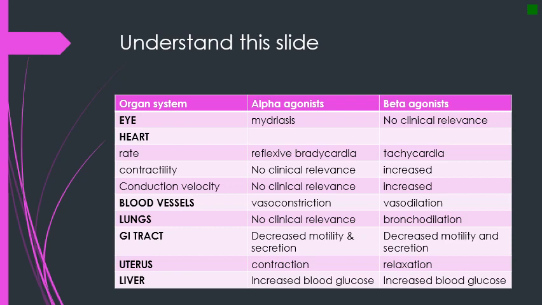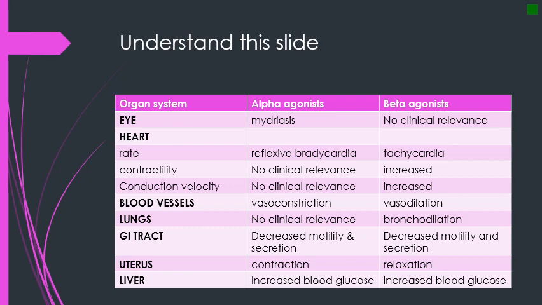When you stimulate those beta receptors in your cardiac muscle, you get tachycardia when you agonize those beta receptors. Contractility, alpha really has no issues on contractility or conduction velocity. There's no real relevance there, but with those betas, you get that increased contractility and increased conduction velocity. With that increase in contractility, you get an increase in myocardial oxygen demand.